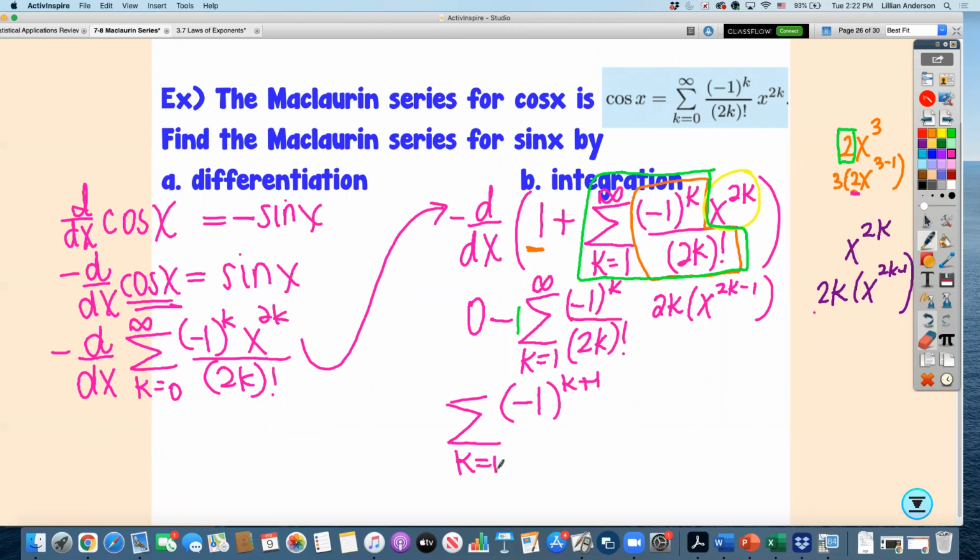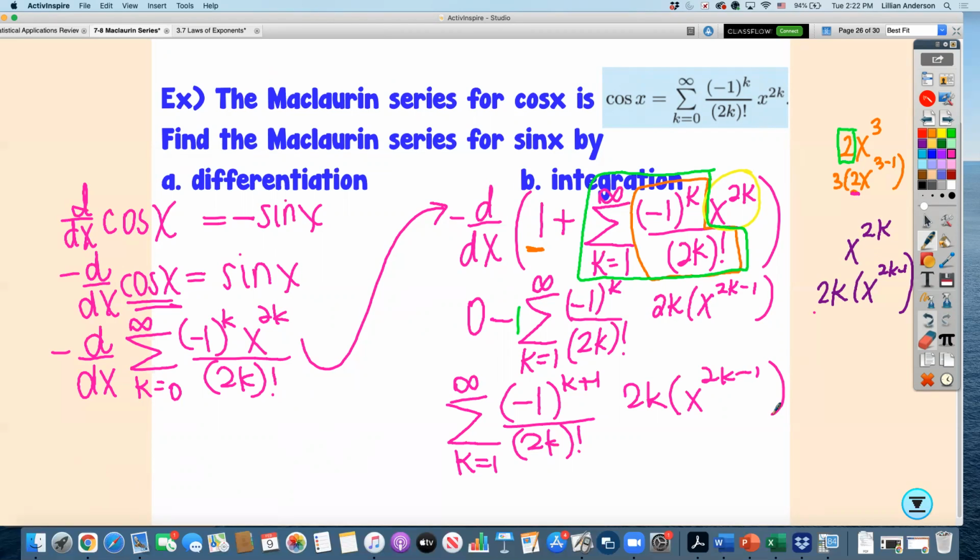The summation is still the same. The coefficient just got affected by the fact there's a -1 in front. I've applied it to the numerator of the coefficient. And then over here, I'll have 2k still times x to the 2k minus 1.